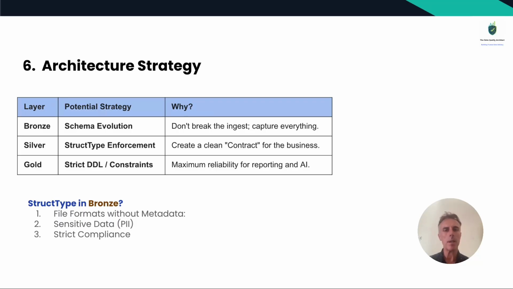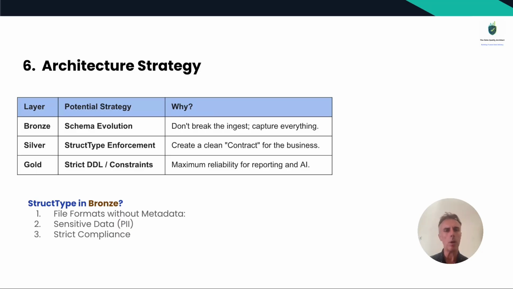The compromise: most architects use schema evolution, depending, and we'll get into the depending part. So using mergeSchema equals true in bronze allows the table to grow automatically as the source evolves. Sometimes the source is evolving at the same time as you're trying to build it out, and this ensures that you never lose data because of a strictness philosophy.